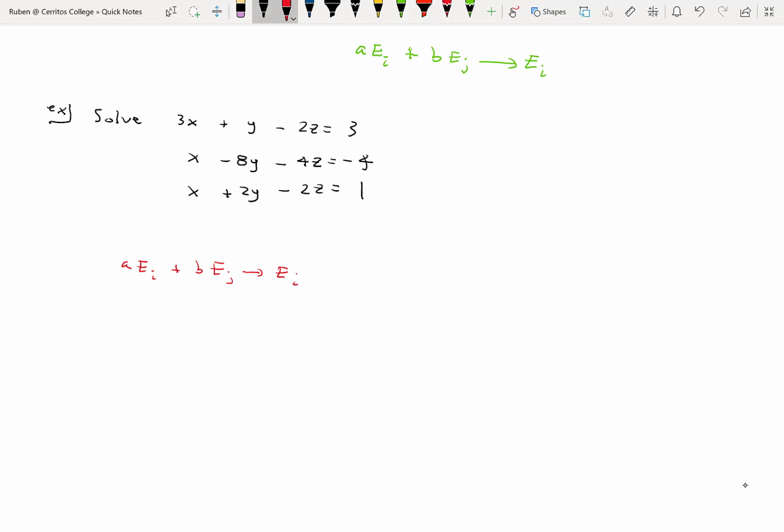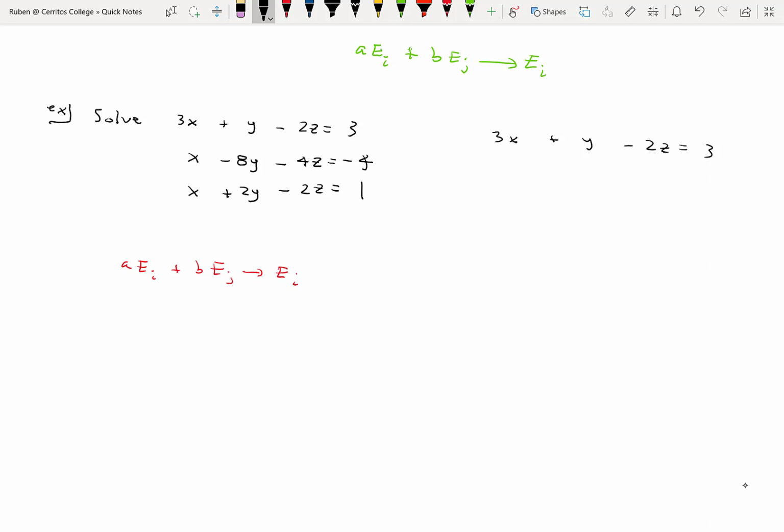Okay, so the first thing I'm not going to do is anything with the first equation. So I'm going to have 3x plus y minus 2z equals 3. And I want to get rid of the x below 3x.